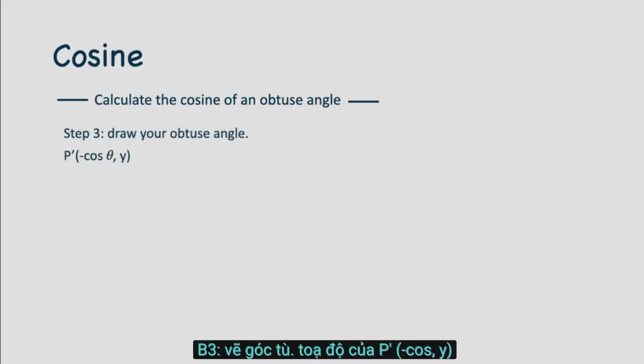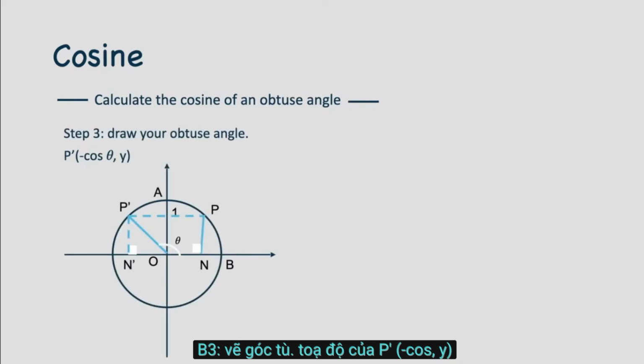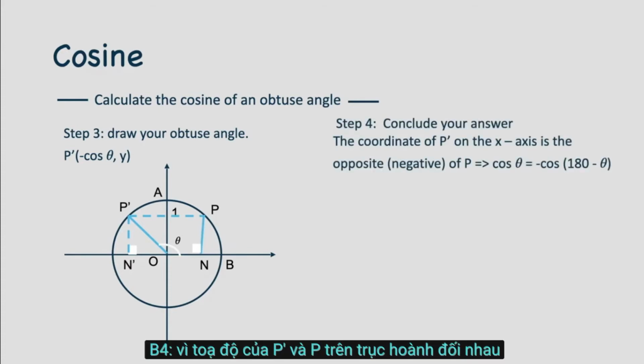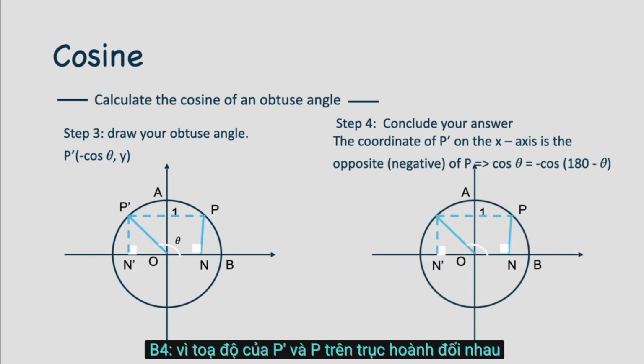Step 3, draw your obtuse angle, P dash at (minus cos theta, y). And step 4, conclude your answer. The coordinate of P dash on the x-axis is the opposite, or negative, of P, which makes cos theta equal to minus cos of 180 minus theta.